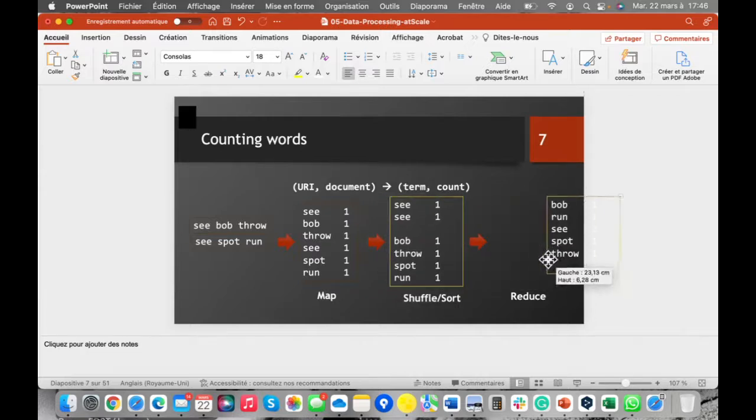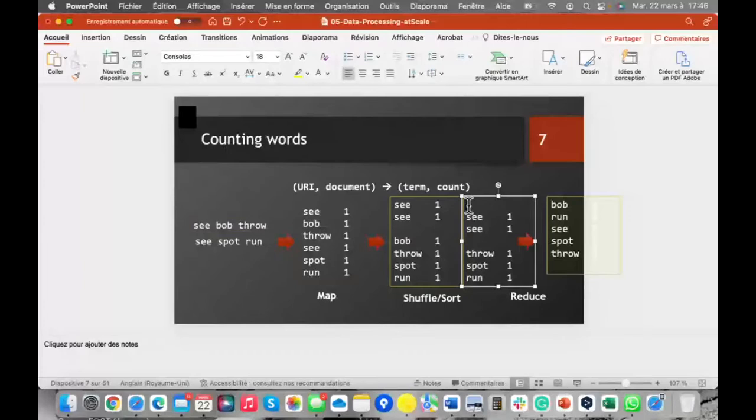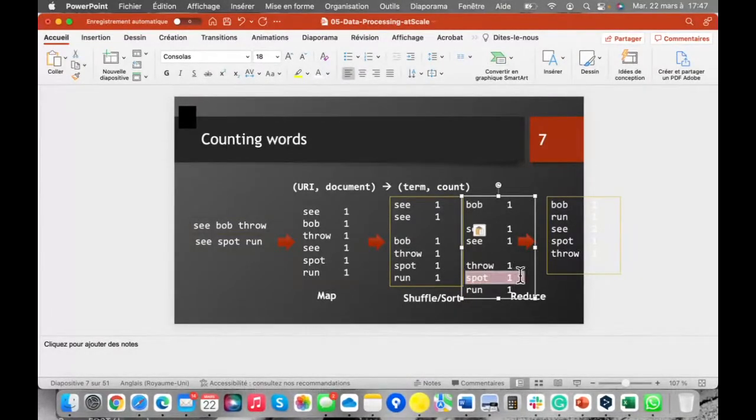And then the sorting part, once it has this, it would order, it would sort. So it would do this, and this, and this.